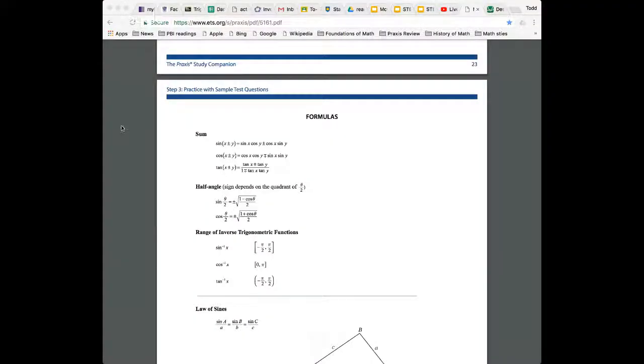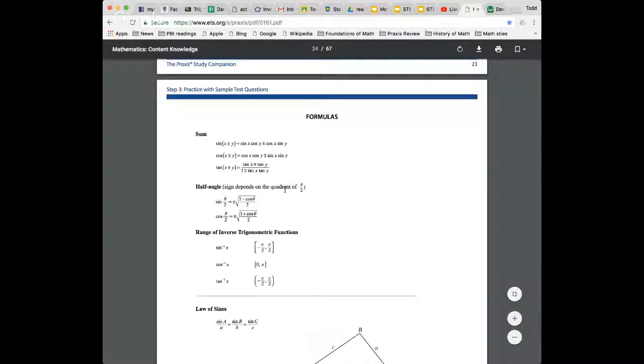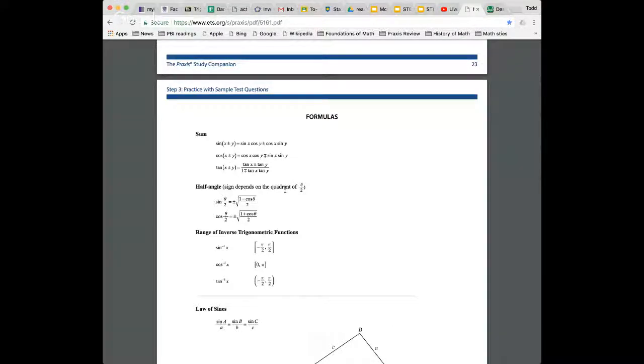Now, if you look at this, the one thing you can do, if you're just completely stuck, you can look at these formulas here and ask, is there anything that looks close to what I'm talking about? And one thing I notice is that the expression I'm given has a sine and a cosine in it.